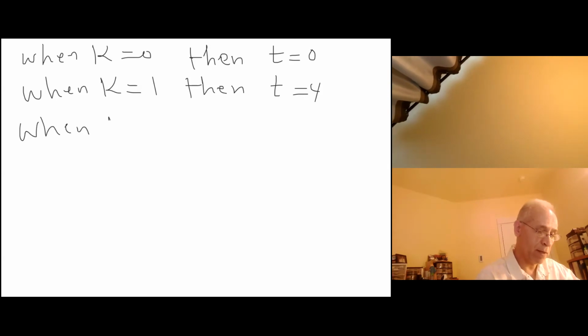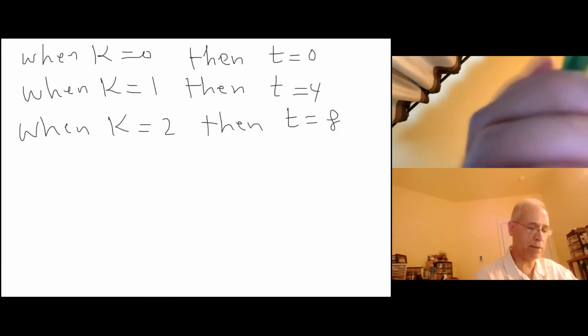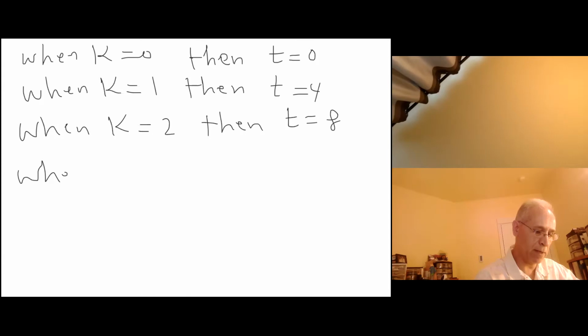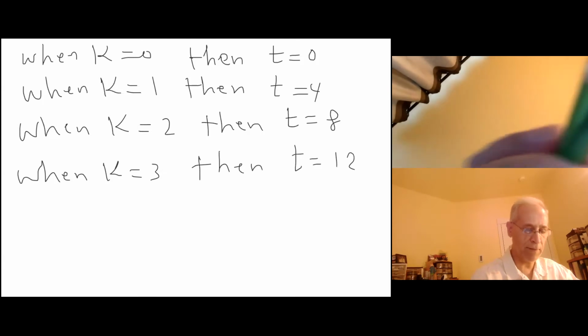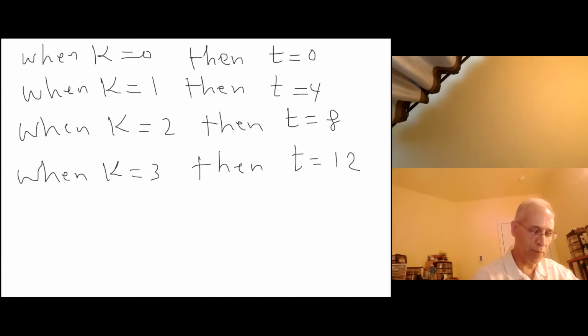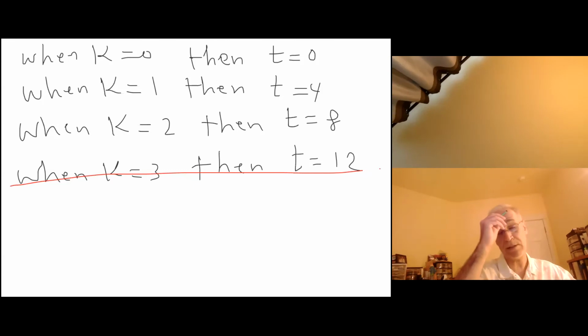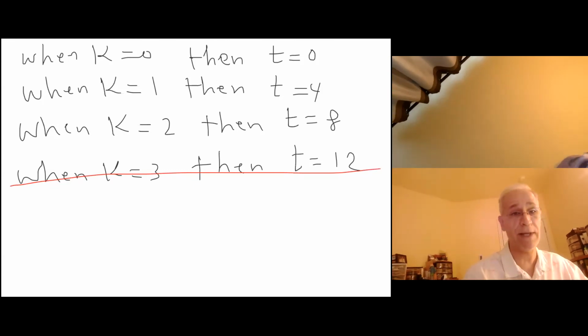When k equals 2, then t equals 8. And when k equals 3, then t equals 12. But this is not in our domain. So we have passed our domain. We are only looking between 0 and 10.